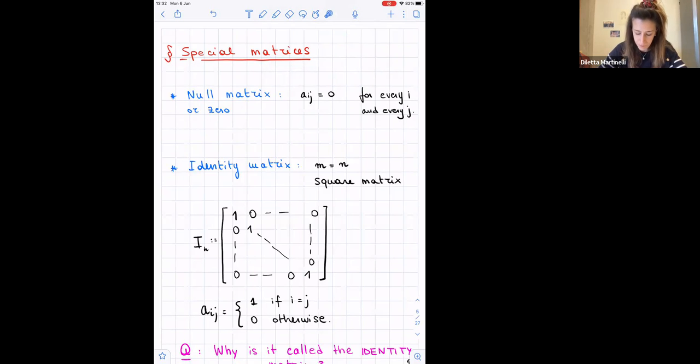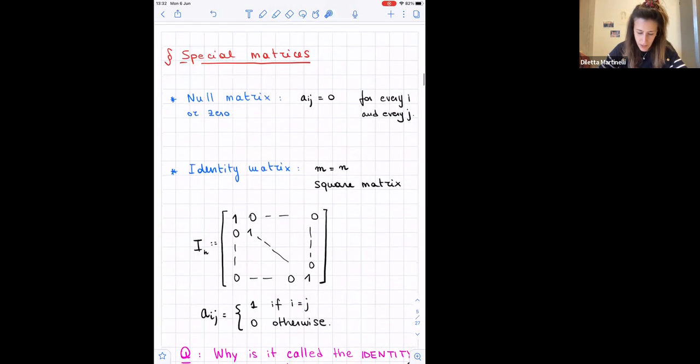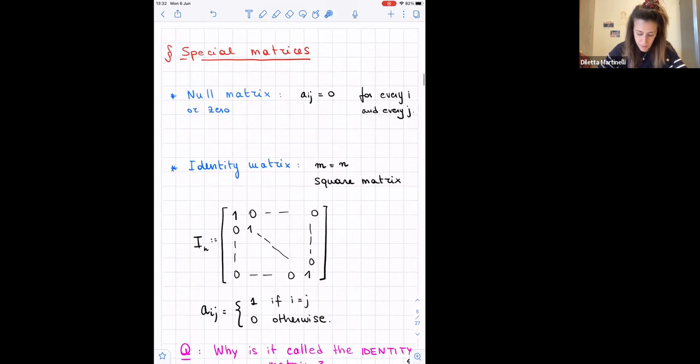For any n, we can have an identity matrix, and sometimes there are small indices to keep track of the number of columns and rows. The identity matrix has 1 along the diagonal and 0 otherwise. If the indices are the same, we put 1, if not, we put 0.